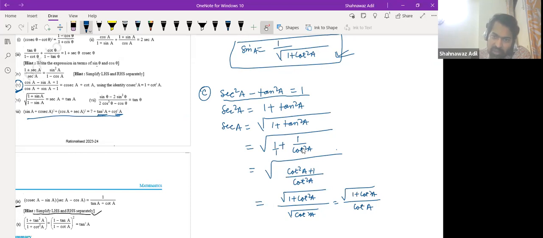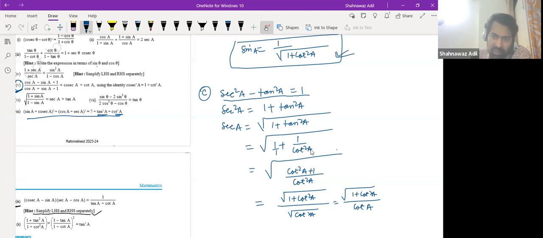In place of tan square, I have used 1 by cot square. We normally write the identity first and then put the value of tan.